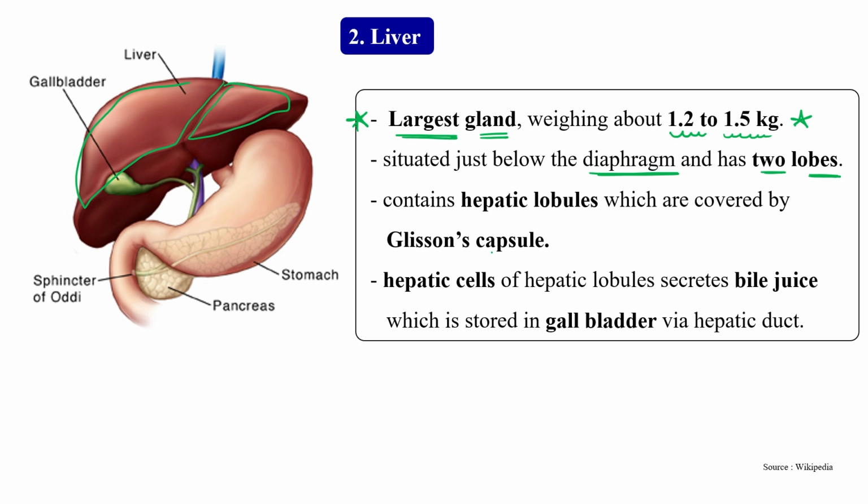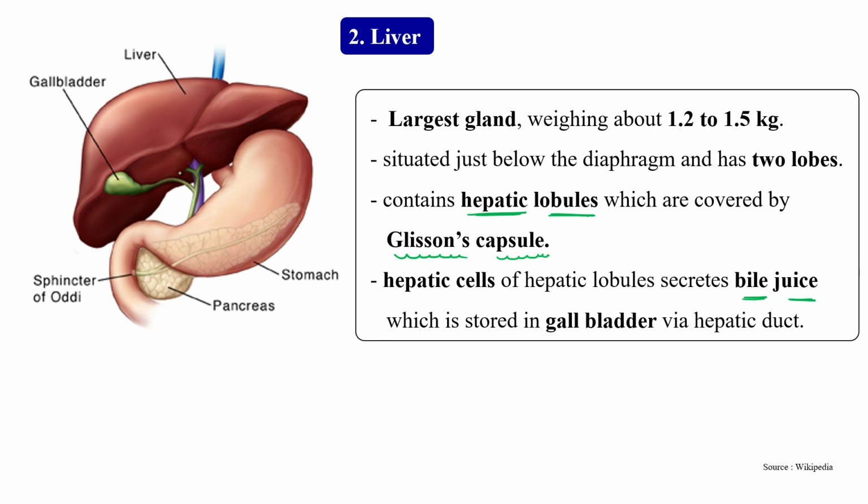Now, this liver contains hepatic lobules which are covered by Glisson's capsule. Liver cells are known as hepatic cells, and these hepatic cells present in the hepatic lobule secrete a kind of juice known as bile juice.